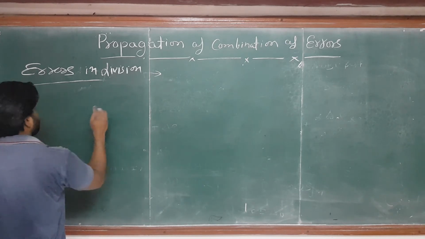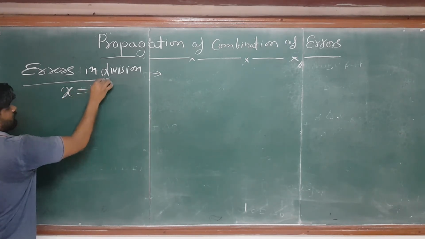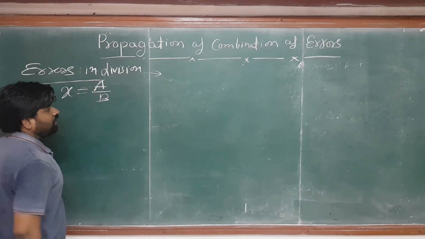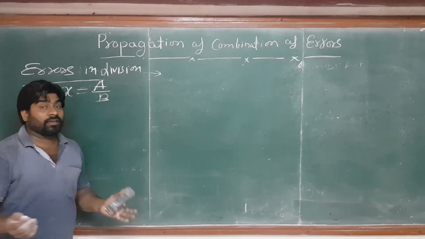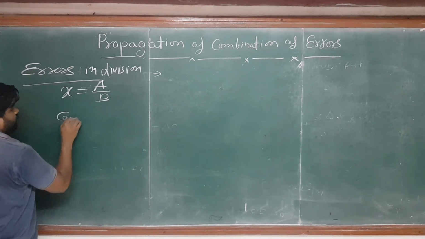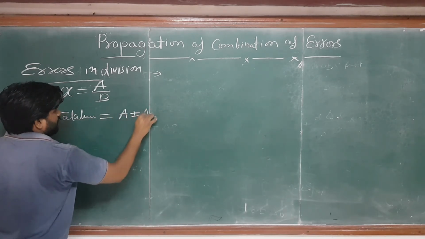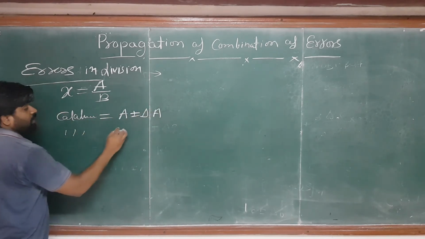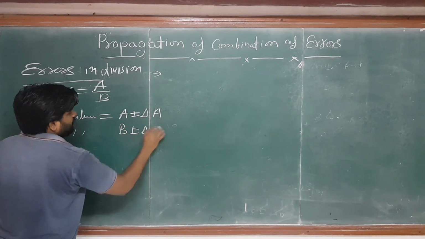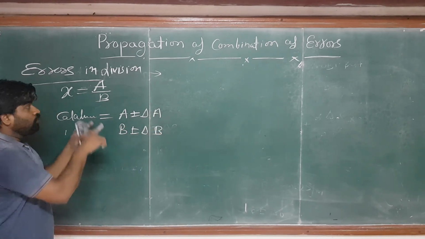Let's suppose I am taking the same formula, x is equal to, and this time you have to write a by b. With the practice so far, you now understand what I am going to do next. So the calculation of a is a ± del a, and the calculation of b is b ± del b, and I am going to put these two values over there.